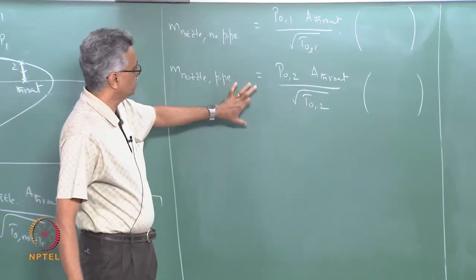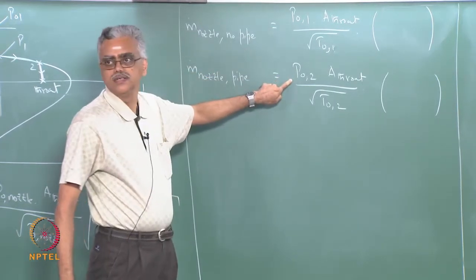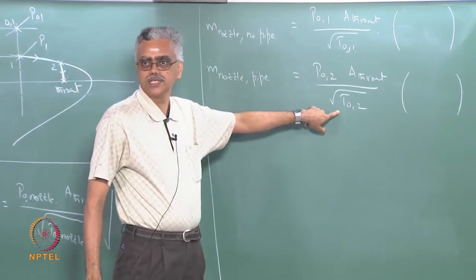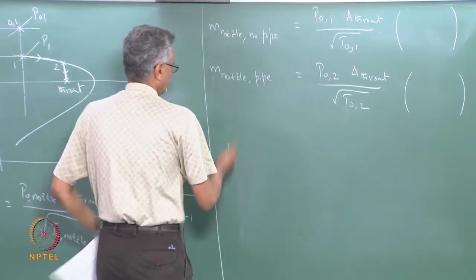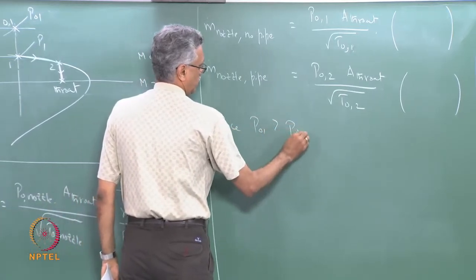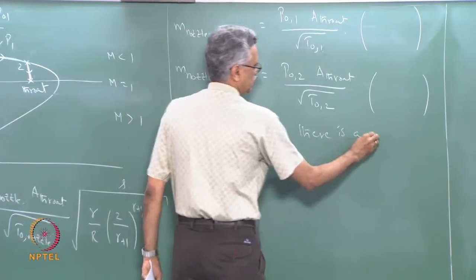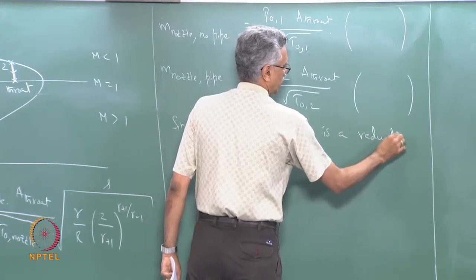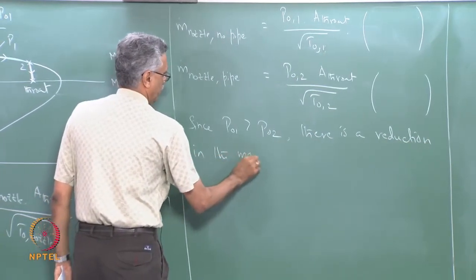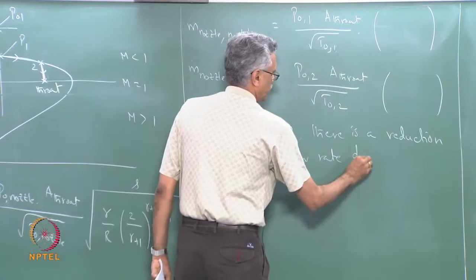So, because of the presence of the pipe, you can see that P01 is going to be greater than P02. Stagnation temperature remains the same in a Fano flow. So, there is a reduction in the mass flow rate due to the presence of the pipe.